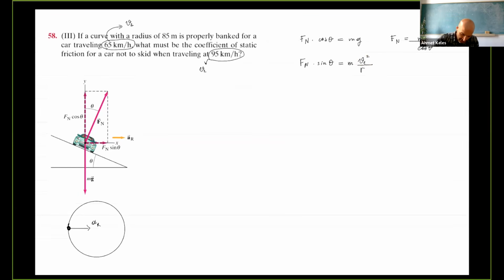And what is unknown here? The only unknown here is, okay, we don't know f normal and we don't know theta, but we related f normal to theta here. So let's plug this in here and find an equation for theta. So if we do that, g sine theta divided by cosine theta is tangent theta. And that should be equal to m, this design speed, v1 squared divided by r.